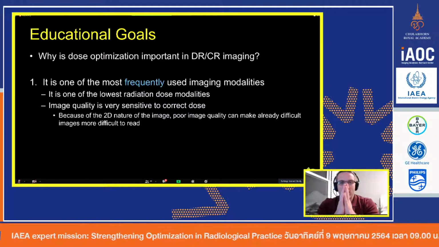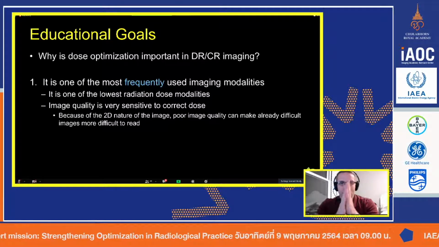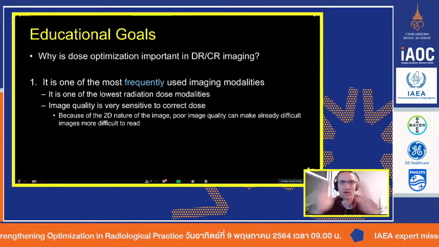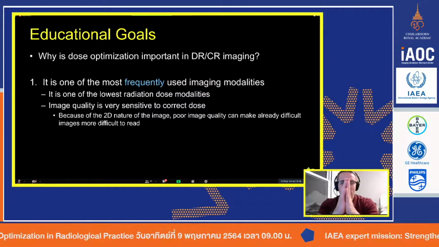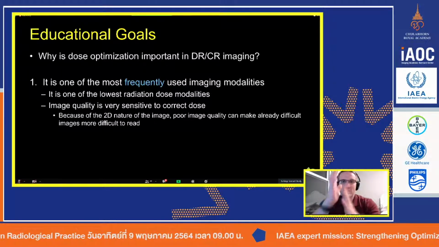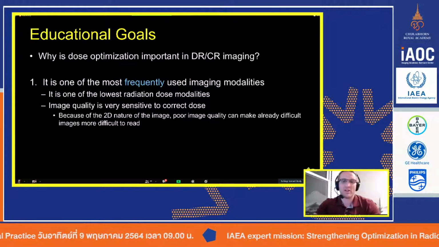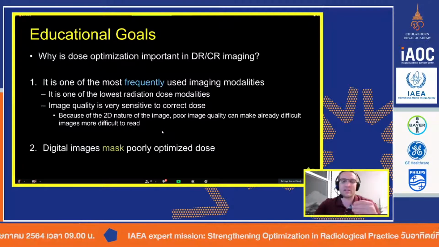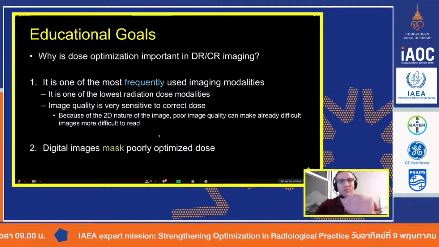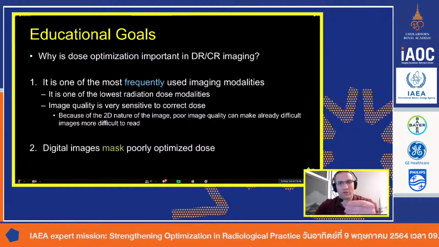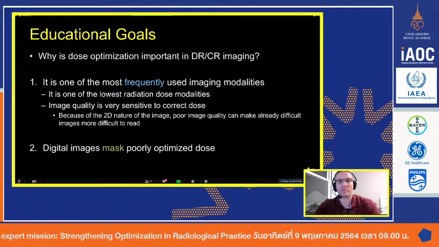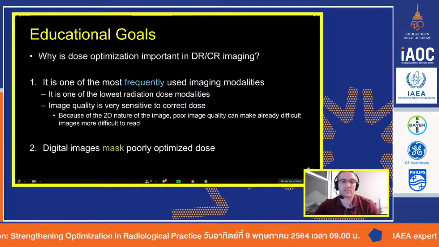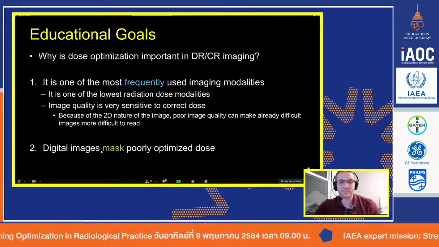And if the dose is not quite right, if it's a little too low, it's going to be extra noisy. So I'll have all the anatomical information in one image, and then it's being covered up by noise. The point here is they're already difficult enough to read. We've got to make sure there's as good a quality as possible so the radiologists are comfortable doing their diagnosis.